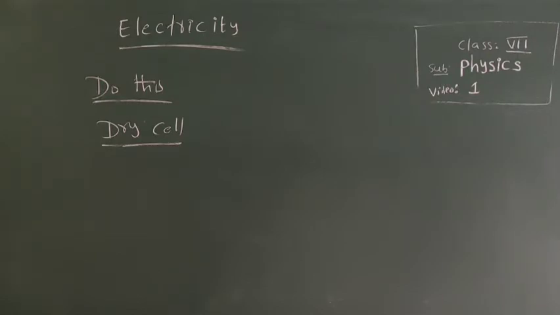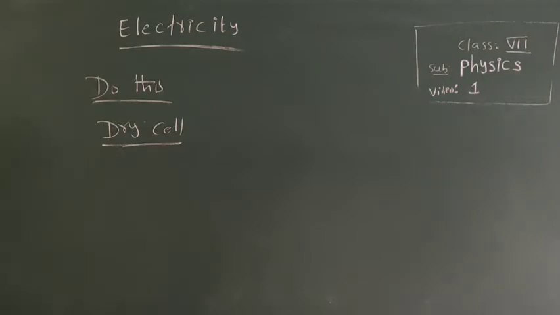In the center, a carbon rod with a metal cap serves as the positive terminal. A dry cell can supply electric current in a circuit for a certain time. After that, its chemicals get exhausted and it cannot be used anymore.